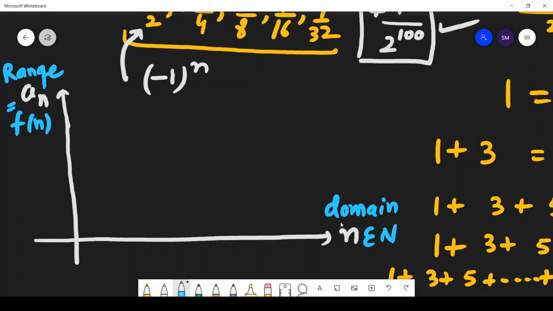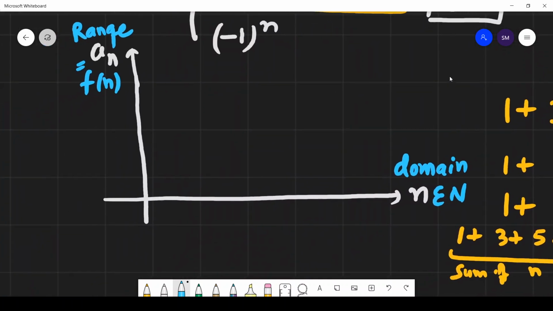So domain is the set of numbers that you input, and range is the set of numbers that you get as output. Any problems, students? No, sir.